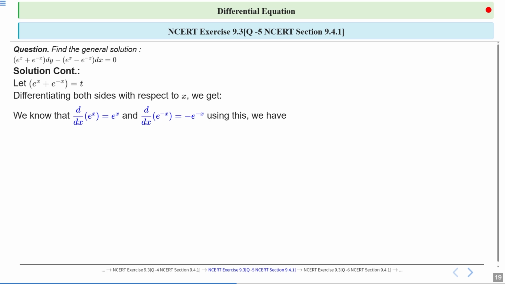So using this, we get the differentiation of e^x + e^(−x) with respect to x is equal to dt by dx. That is, e^x − e^(−x) is equal to dt by dx. So (e^x − e^(−x)) dx is equal to dt.